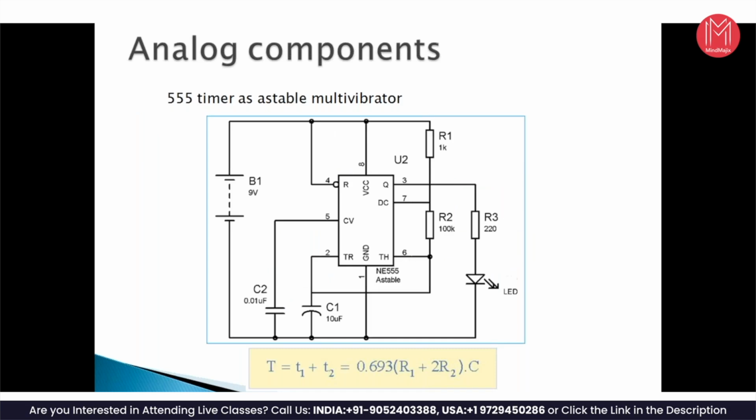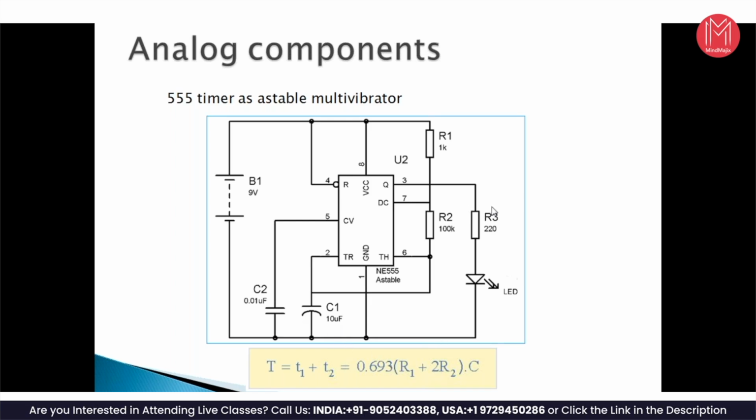And then the same 555 timer can be used as an astable multivibrator, where it generates a square wave with T1 and T2 time durations. This is where the battery VCC is connected, and this is R1 and R2, and capacitors are connected this way.